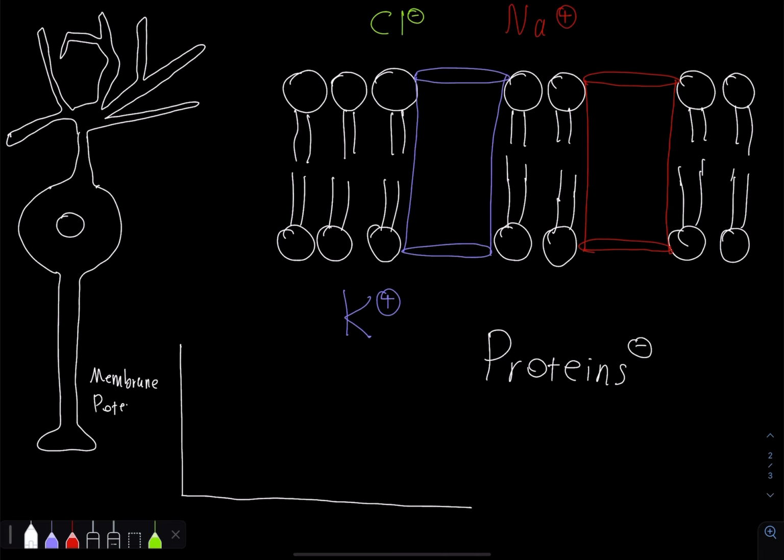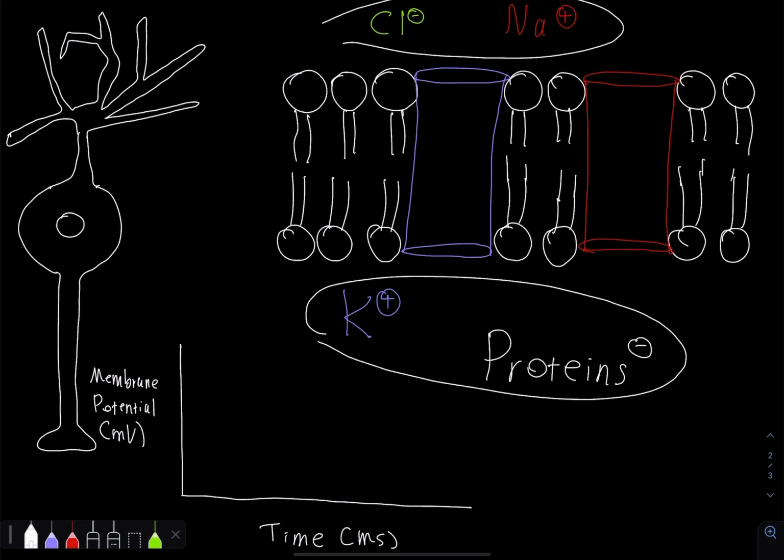This is a graph showing membrane potential in the unit of millivolts over time. The time axis is usually going to be milliseconds, so don't worry about this unit. Just understand that membrane potential means how much more positive the inside is relative to the outside.